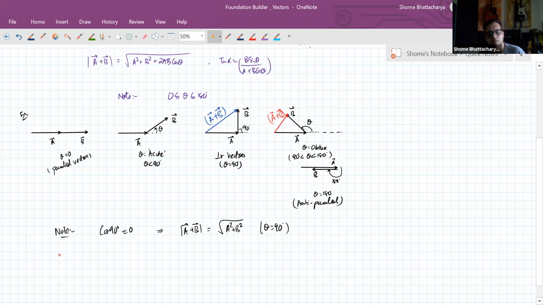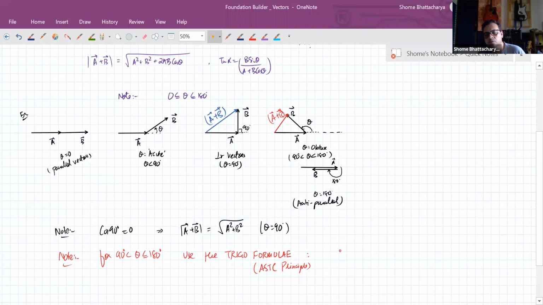So next thing, for theta being greater than 90 and less than, we can also include 180. So we can include both these cases, the obtuse angle case and the exactly anti-parallel case. We use the trigonometric formula. You might have studied this in maths. It is part of the ASTC principle for trigonometric ratios in 4 quadrants.